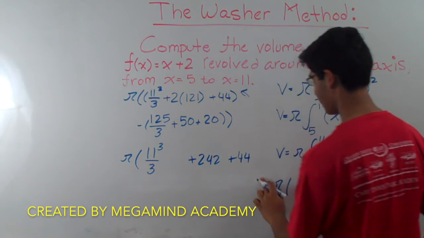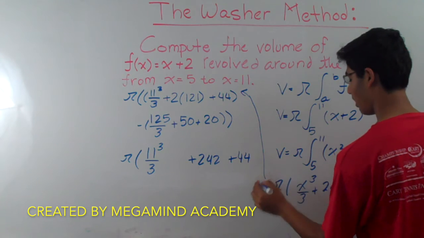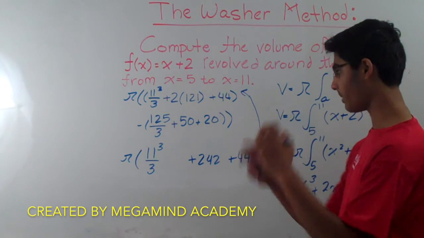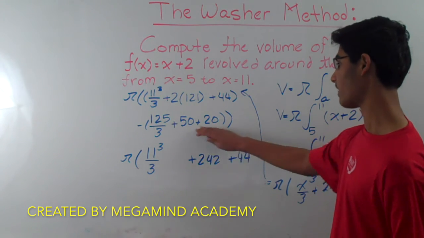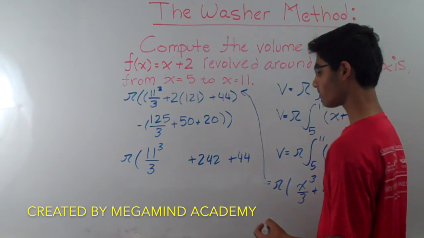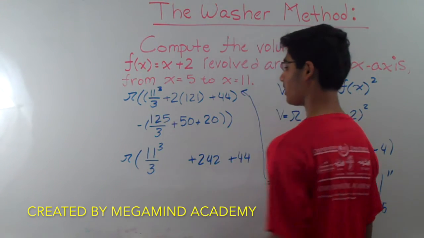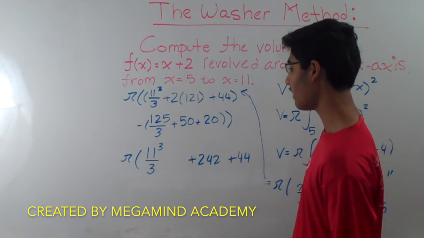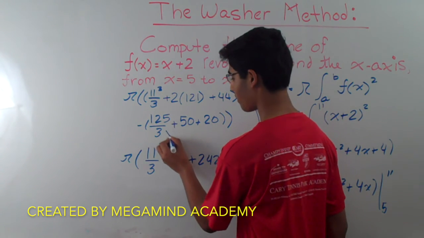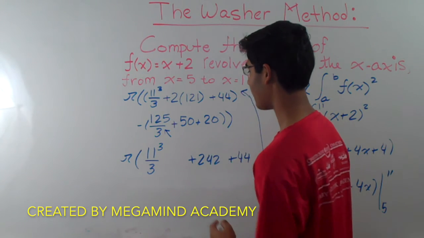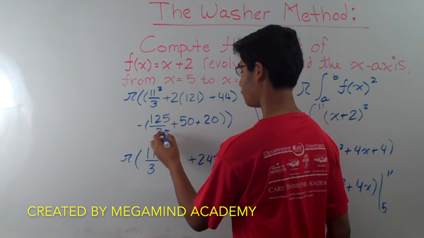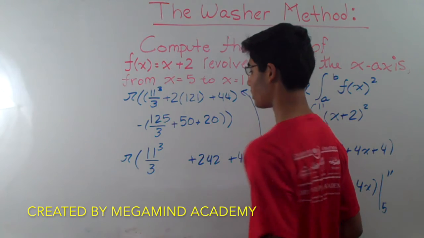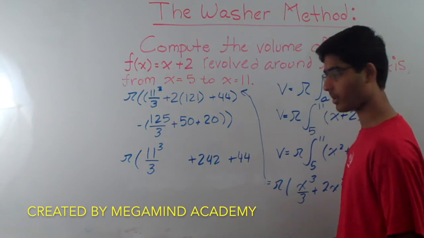Now let's combine like terms, even though they're all constants. Let's combine them by the denominator. So we have 11 cubed over 3 minus 125 over 3. 125 over 3 cannot be simplified, so we're just left with 125 over 3.